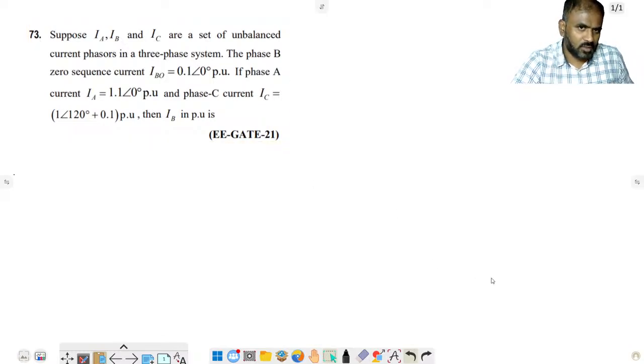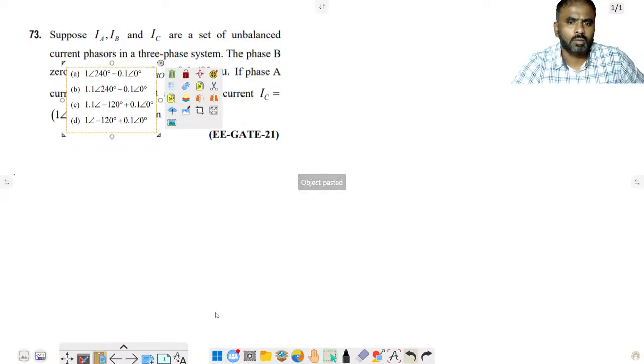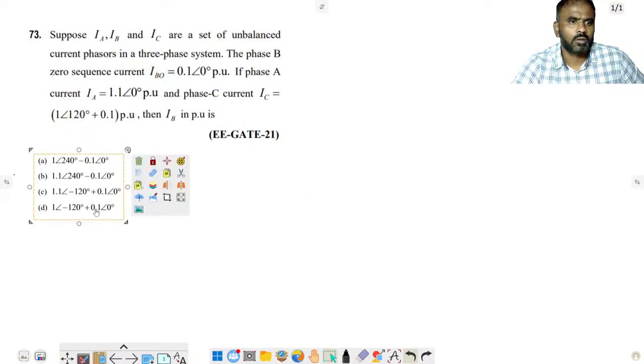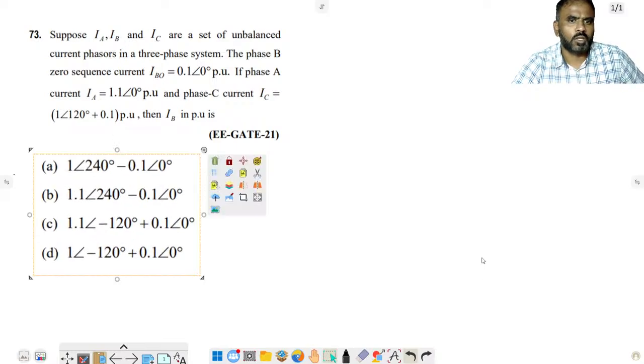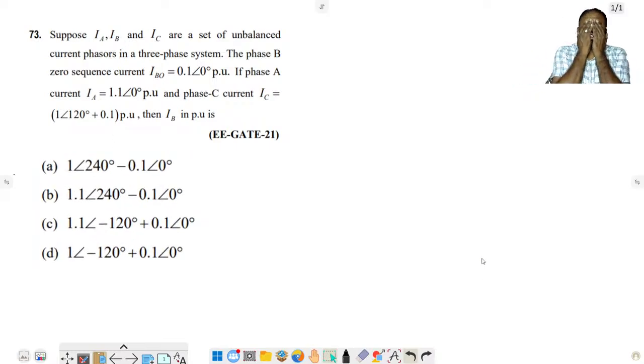I'm going to paste the options also here. These are the options. So just have a look at the question. It's a GATE 2021 question given for 2 marks.